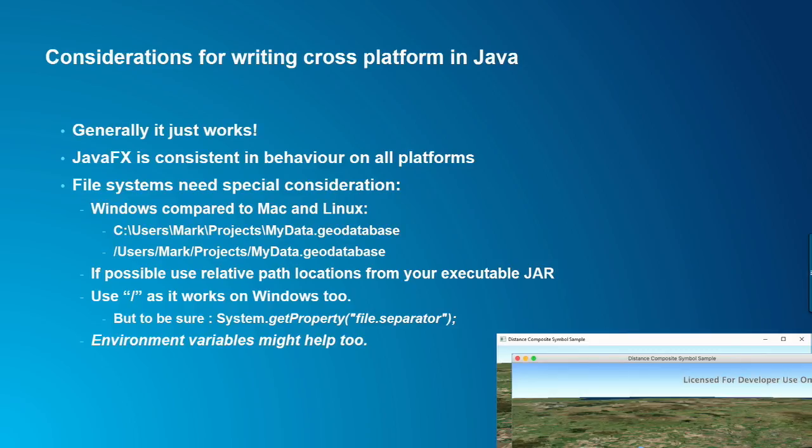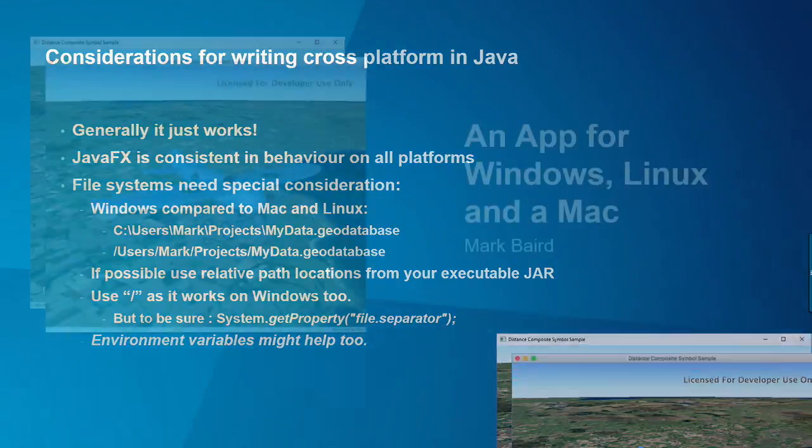If you use a /, Windows accepts that too, so you'll get away with that on Linux and Mac as well. You can use environment variables, so if you can't position the files that you're looking for in a position which is relative to your application, then environment variables can be read and consistently used on the three different platforms.